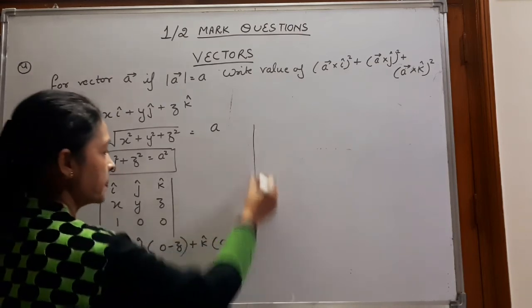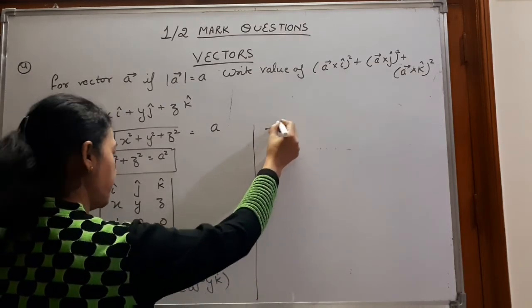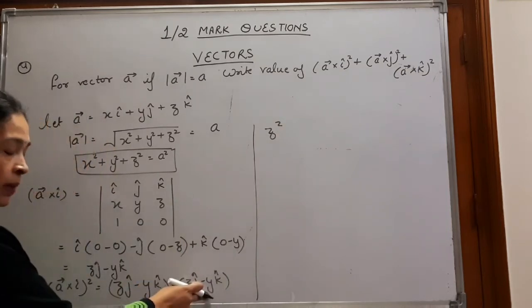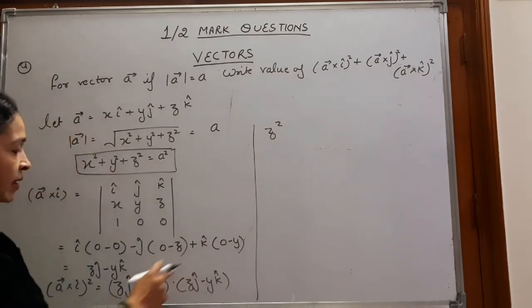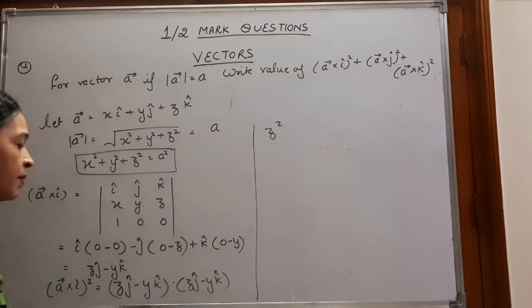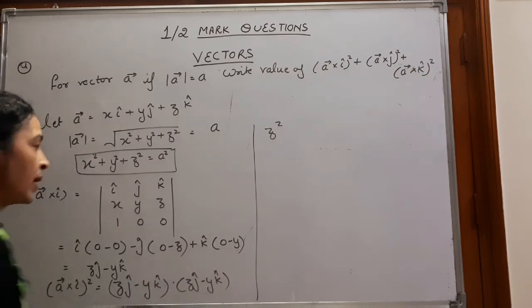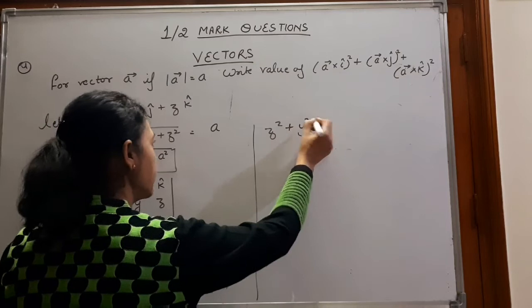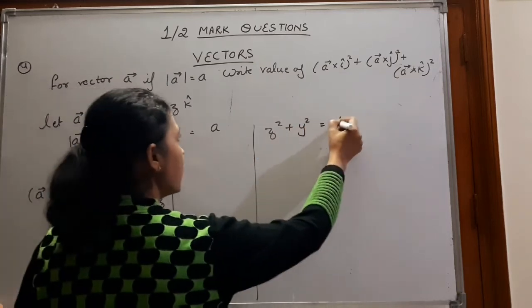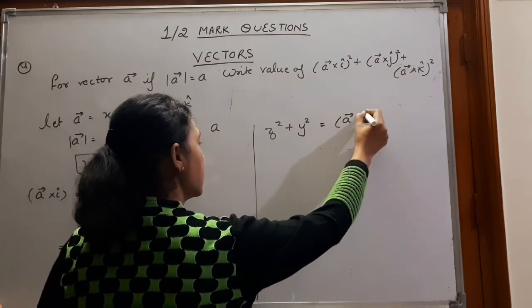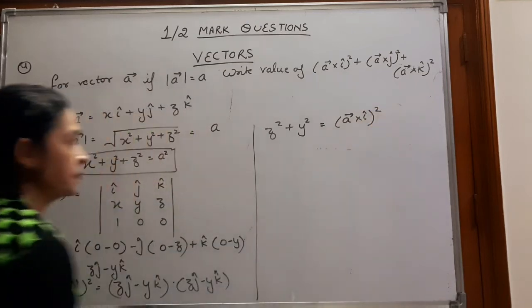Z into z, z square. Minus y into minus y, k cap dot k cap is 1, so plus y square. This is the value of (vector A cross i cap) whole square.